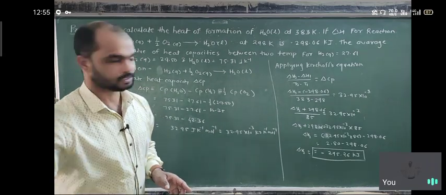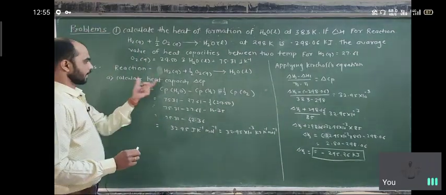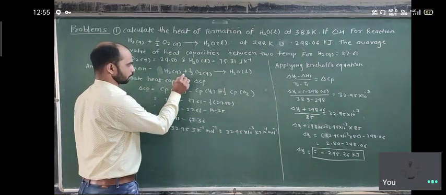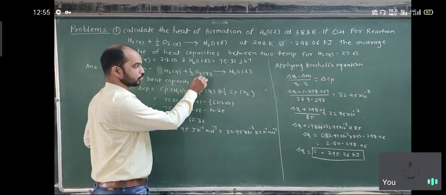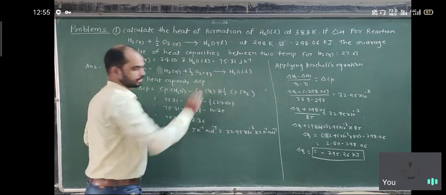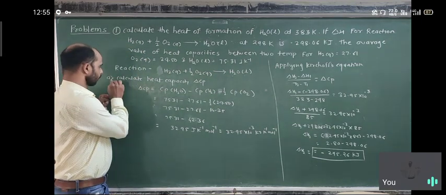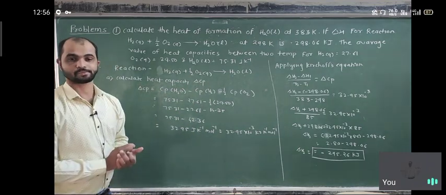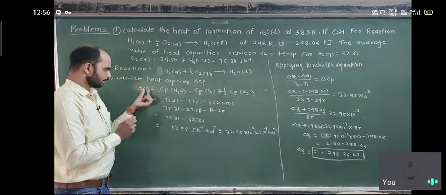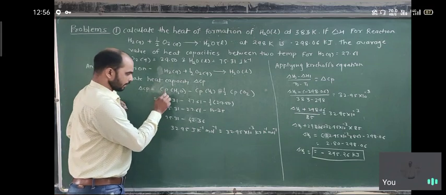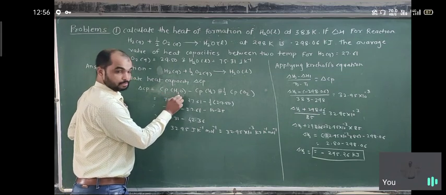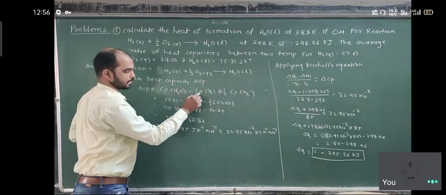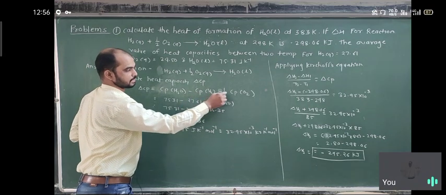आता हे कॅल्क्युलेट करत असताना बघा, first the reaction is given: H2 gas plus 1/2 O2 gas gives H2O, which is liquid. So first of all calculate the heat capacity change delta Cp at constant pressure. So delta Cp is equal to heat capacity of product, meaning H2O, minus heat capacity of H2 minus heat capacity of O2.